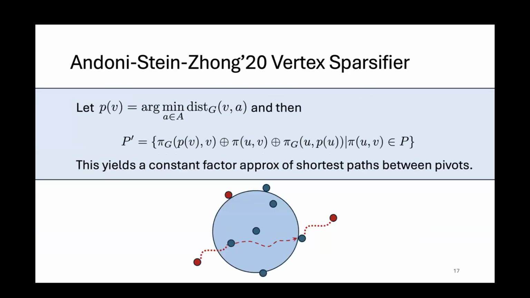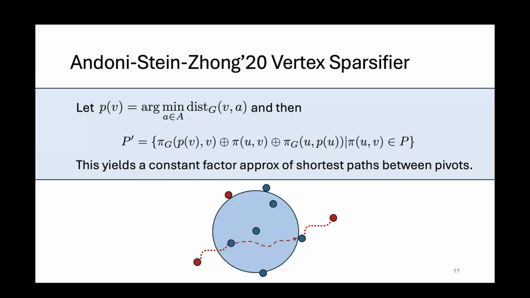To get use out of these paths, we have to define pivots and their projections to paths between pivots. The pivot of a vertex v is just the closest vertex in the terminal set A, and the projection of the path is just taking a path in the path set P, taking both endpoints, and adding the shortest path to the respective pivot of the two.